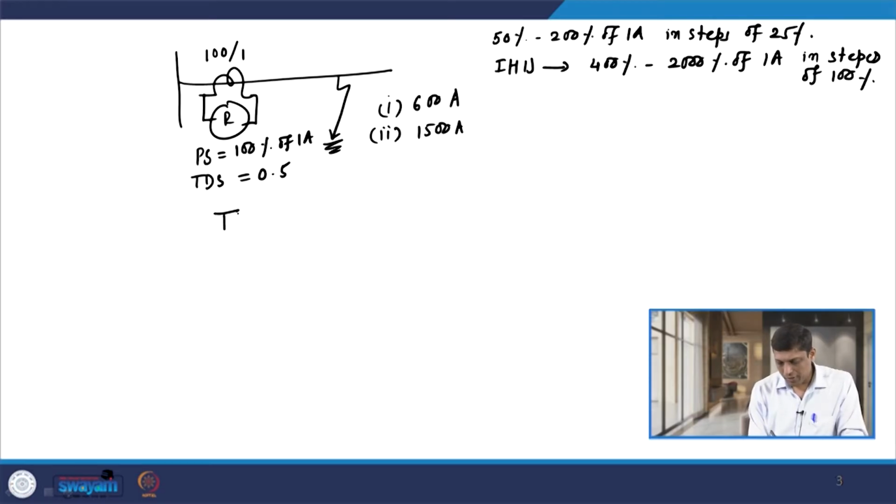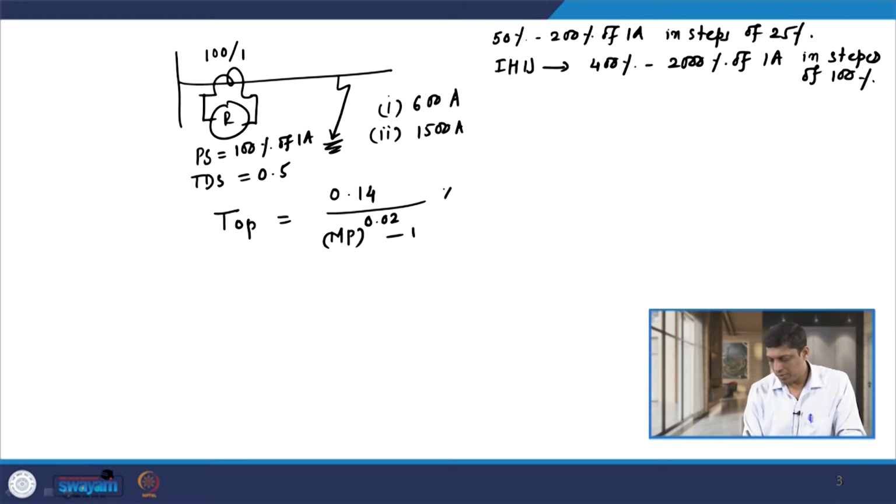So, with this background, let us find out the time of operation of the relay. In order to find the time of operation of relay R, we are going to use the formula: 0.14 divided by (multiple of pickup current raised to 0.02 minus 1), into the TDS of relay R. As the TDS and the plug setting of the relay are given, we need to find the multiple of pickup current.